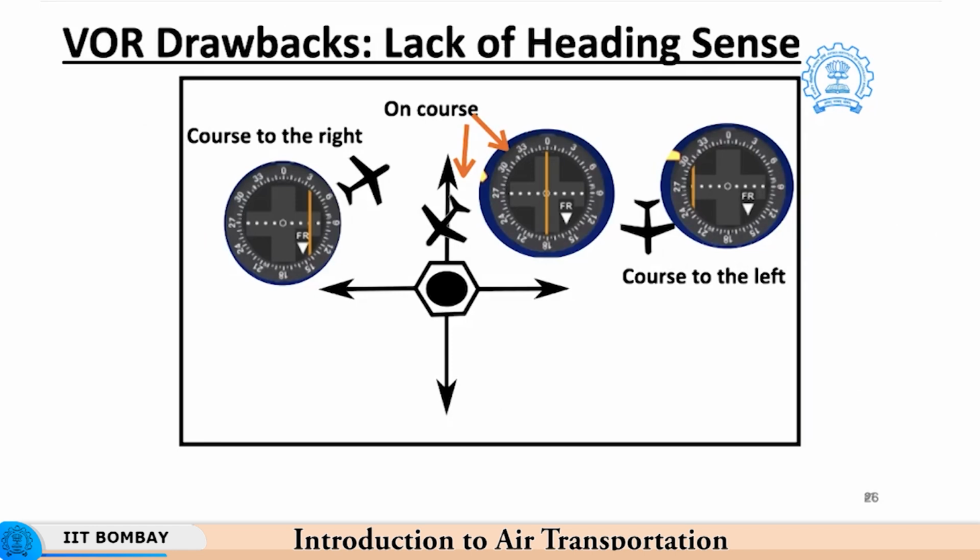The other drawback associated with VOR is that VORs lack heading sense. VOR operation is irrespective of what heading the aircraft is actually flying. For example, in this particular case, the aircraft is operating towards the right of the radio navigation aid. As time passes, the plane has intercepted the pre-selected course and is showing a 0-degree deviation, but it still does not understand what the overall heading is, and hence it can create confusion within the pilot as to what heading to follow.